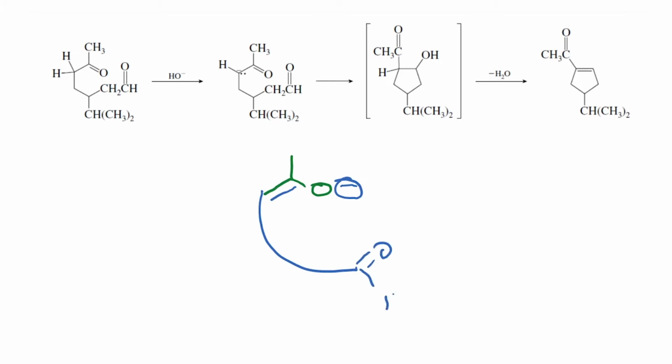Now, if you stick to the earlier numbering system, this is 1, 2, 3, this is carbon 4, and this is oxygen number 5. Thinking about the same system, 1, 2, 3, this is 4, and this is 5. So this correlates very well with our intramolecular reaction.